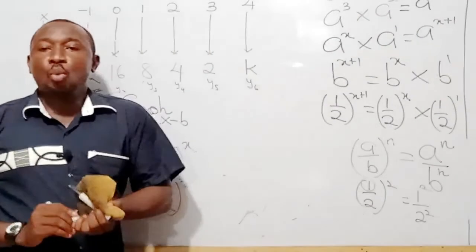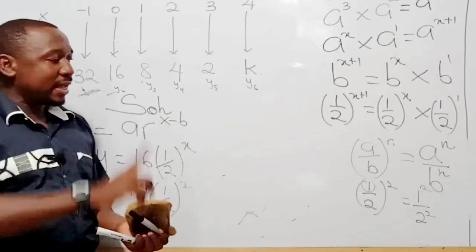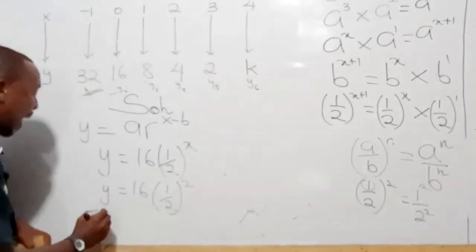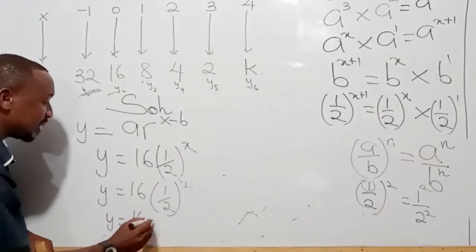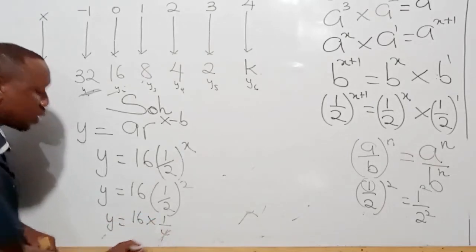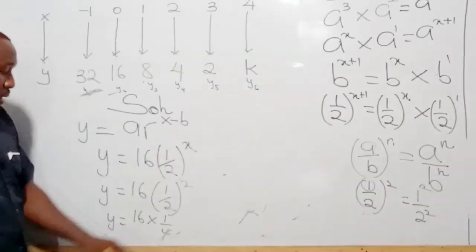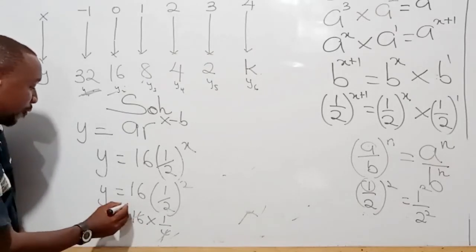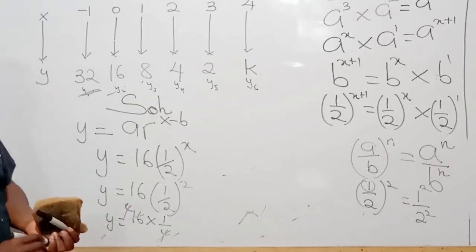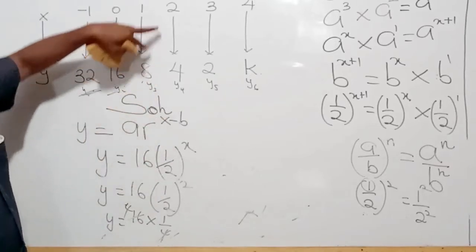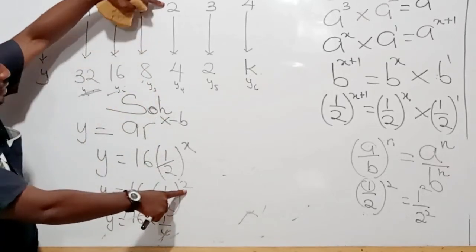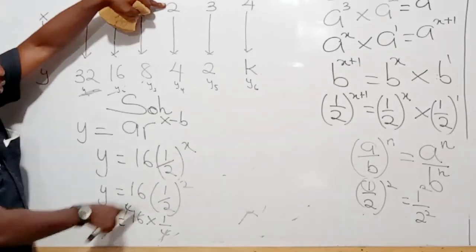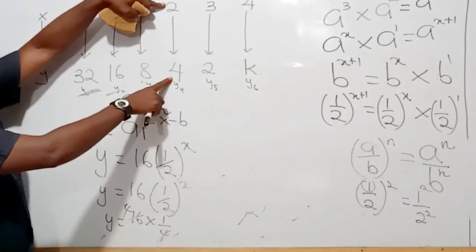And that will give us 1 squared is 1 and 2 squared is 4. So y will be equal to 16 times 1 out of 4. 4 goes into itself 1, into 16, 4. And that is, when we substituted x to be 2, we had the answer to be 4. And that is the answer we are getting here.